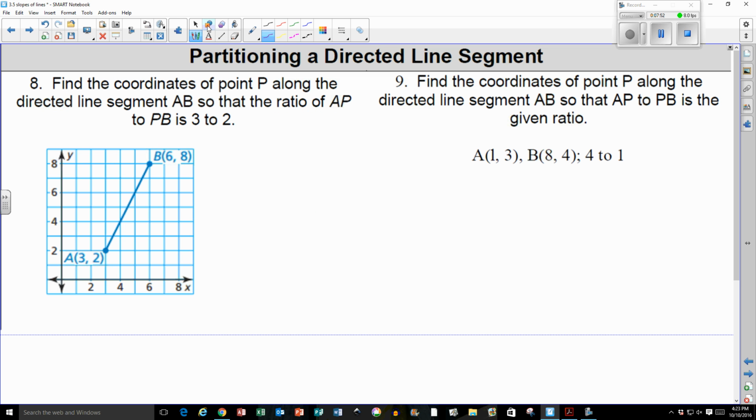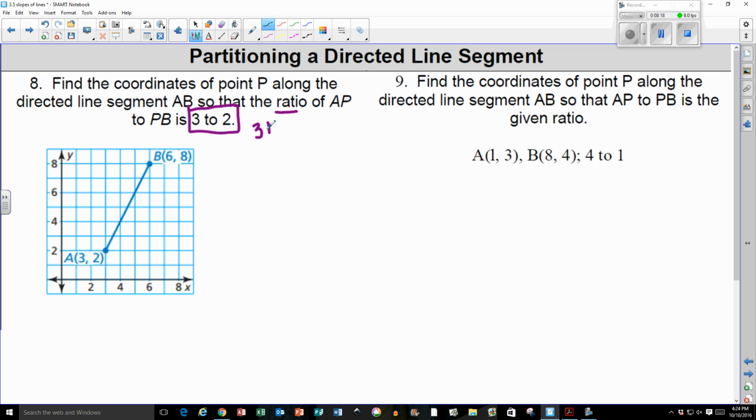All right, this one says to find the coordinates of point P along the directed line segment AB so that the ratio, remember this, ratio of AP to PB is 3 to 2. So we got a ratio of 3 to 2. So that means how many parts are there going to be?